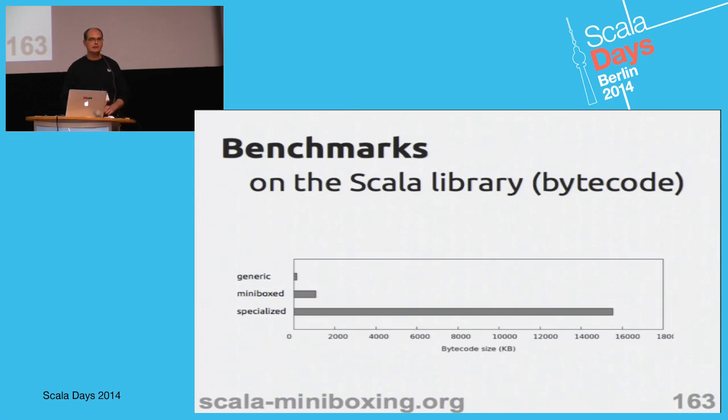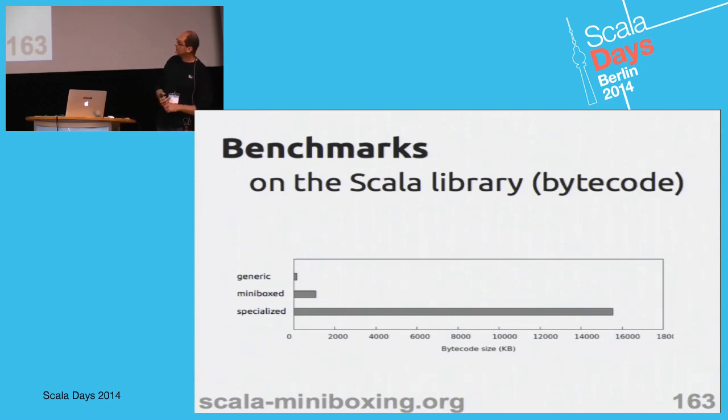Okay, but we said we're interested in bytecode, right? Because the bytecode was the number one priority. So let's see the bytecode, how it looks. Generic, minibox is 6 times more. Remember, we specialized the function Function2, so that's a lot of bytecode.